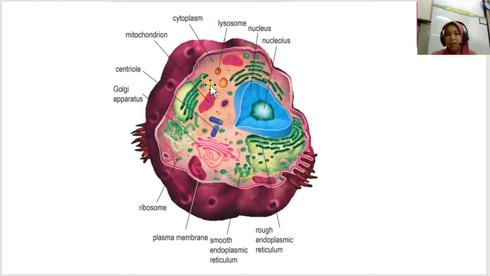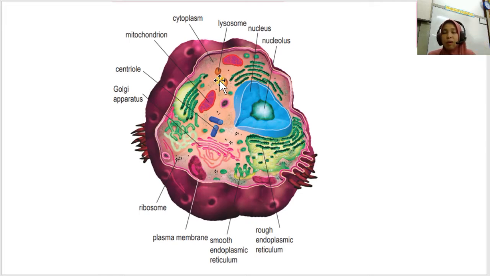Right? Okay. So all of these are the components of the animal cell. The components inside the cell we call organelles. Examples of organelles are mitochondrion, centriole, Golgi apparatus, ribosome, smooth endoplasmic reticulum, rough endoplasmic reticulum, nucleus, and lysosome.